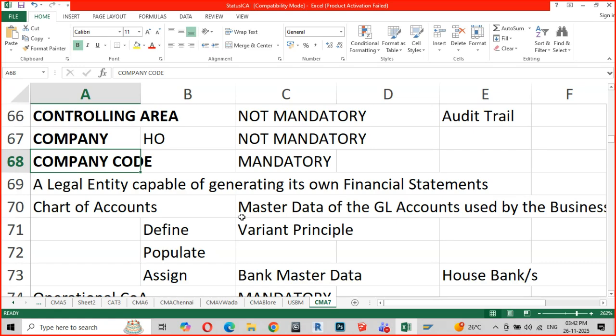Clear? Now, in SAP, whatever data you create, the complete meaning of that particular creation, let it be your company code, your chart of accounts, your fiscal year variant, your posting period variant, your field status variant, everything gets a meaning attached to it only and only when this particular entity is assigned to a bigger entity.